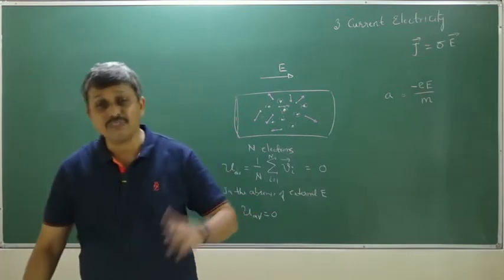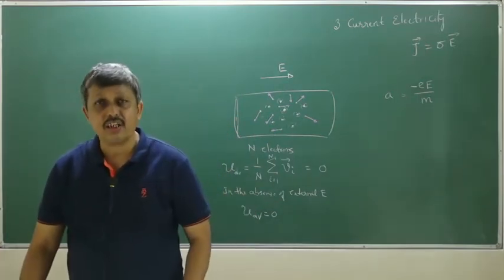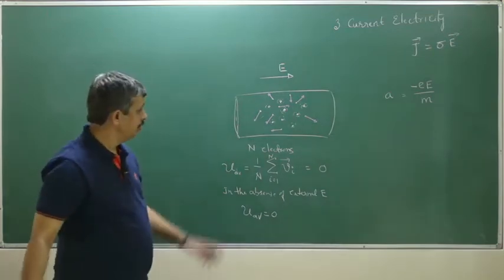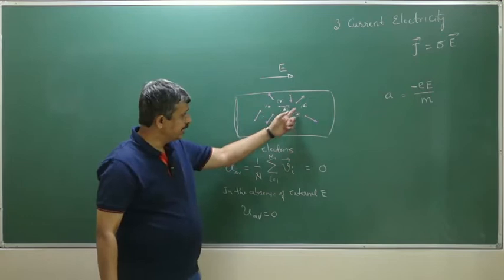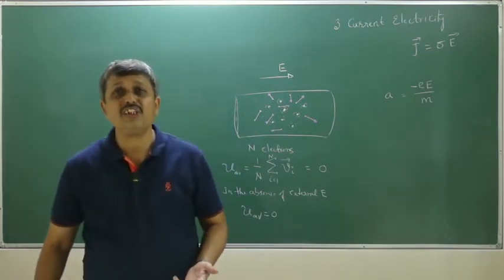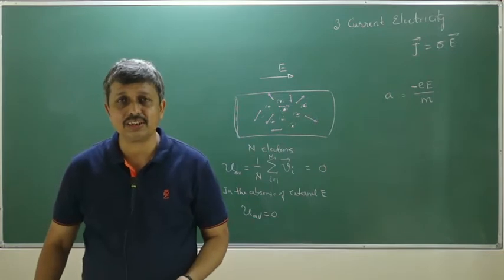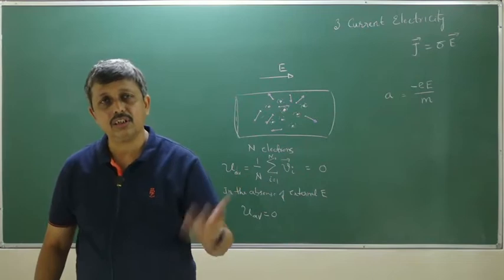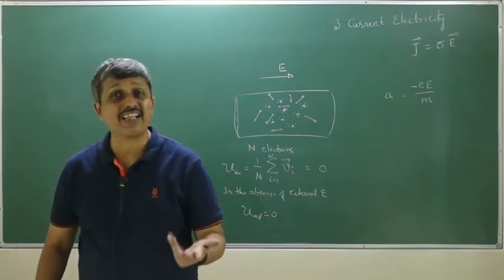So does every electron keep on accelerating? No, because the moment it starts accelerating, it goes and has a collision, and once the collision happens, depending on the angle of collision, it will go in some arbitrary random direction.